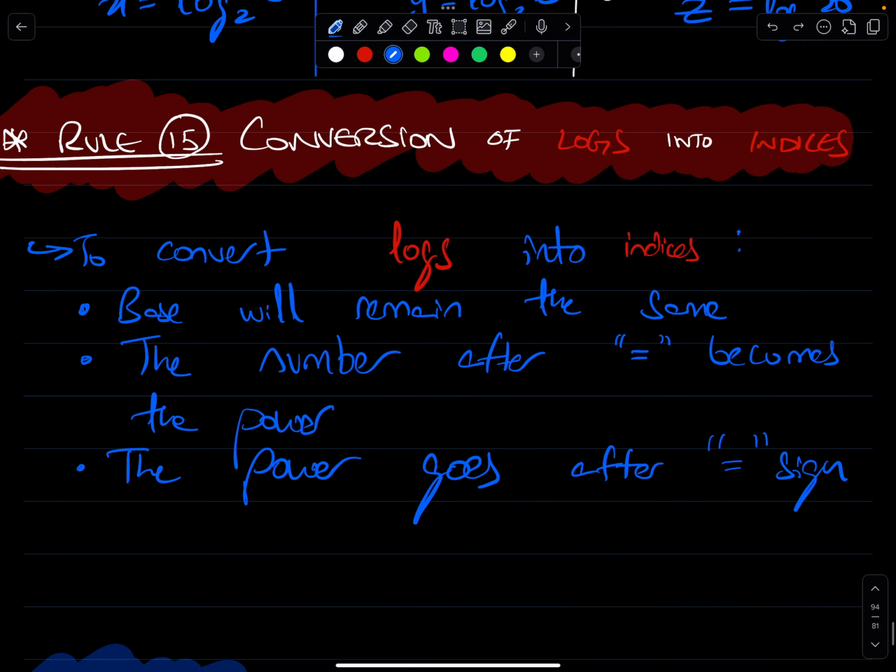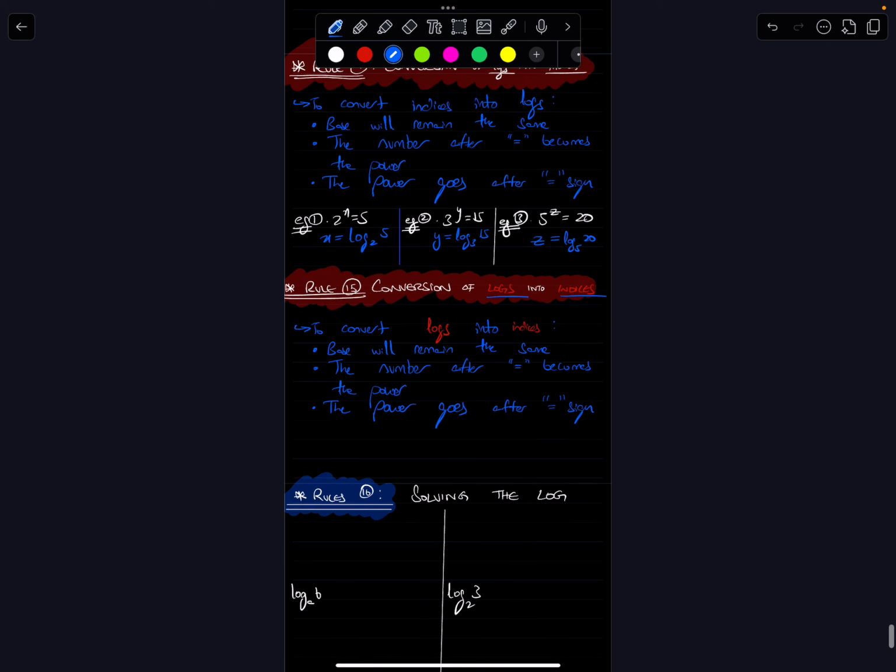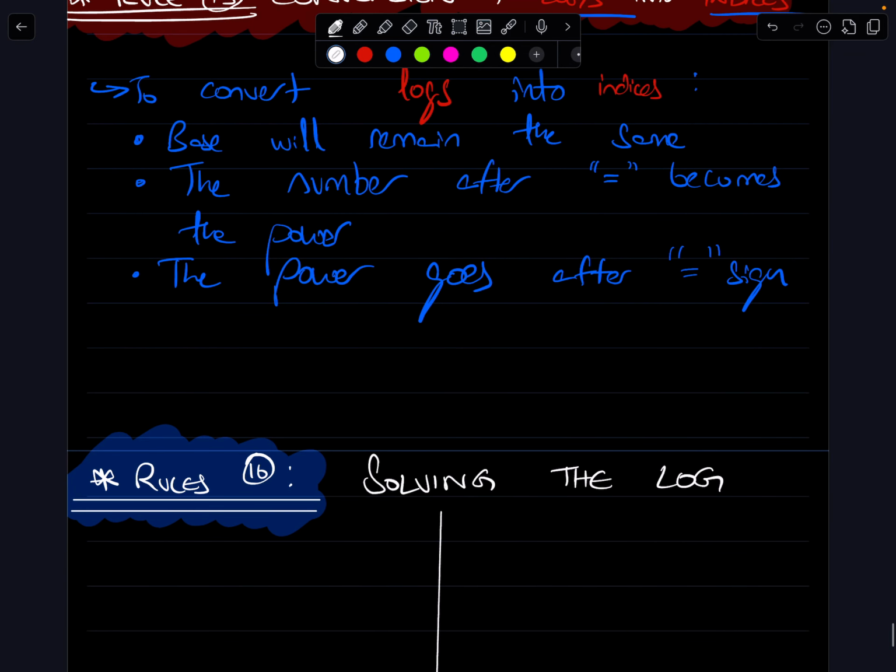That's how it's done. Then for rule number 15, how to convert logs into indices. This too is very simple. And if you notice the steps which I had to write, I just wrote them for the sake of writing, but they are the same. But you should try and understand these two rules conceptually. So for this, let's take an example.